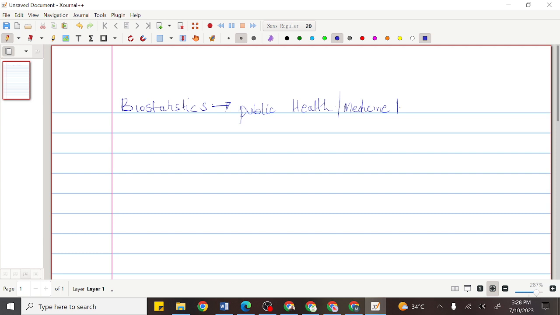So basically, we can say that biostatistics is by definition the application of statistical methods in biological sciences, or it's the application of statistical methods in handling what we can basically say is biological data.